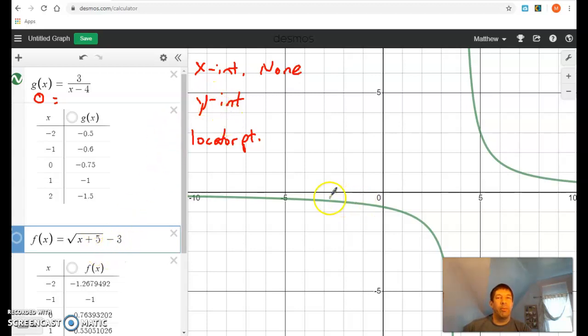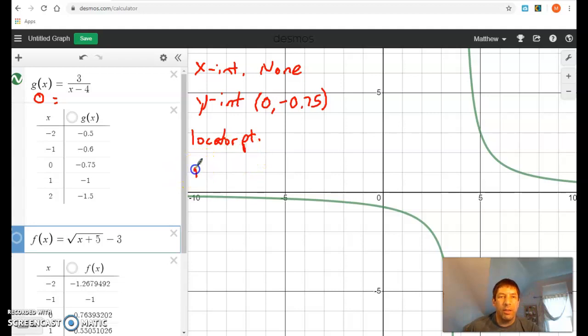Y-intercept, we could plug 0 in for x here. We could look at our table, or we could click on the graph. Looking at the table is probably the easiest. We can see that our y-intercept is at 0, -0.75. And then the locator point. I'm going to come back to that in just a second once we get down to the asymptotes.